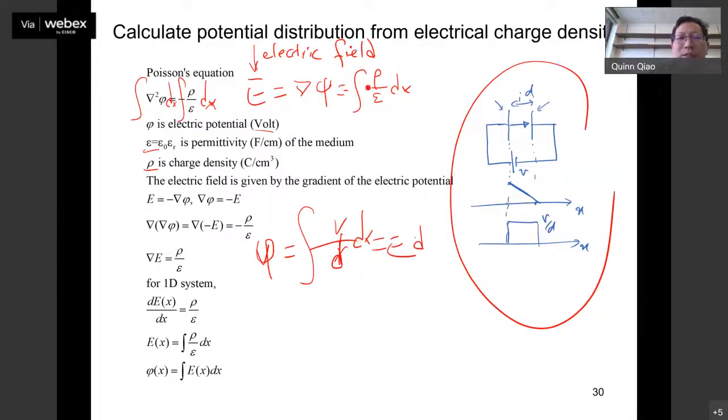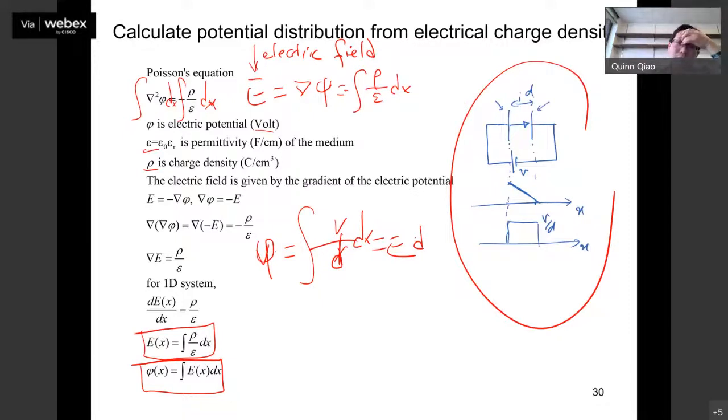If you do integration again, twice, you get phi back. So here we do integration of this one and you get the electric field, and then integration of the electric field gives you phi, the potential distribution. When the potential is multiplied by the elementary charge, that's actually the energy distribution. Energy and the potential are basically the same thing.